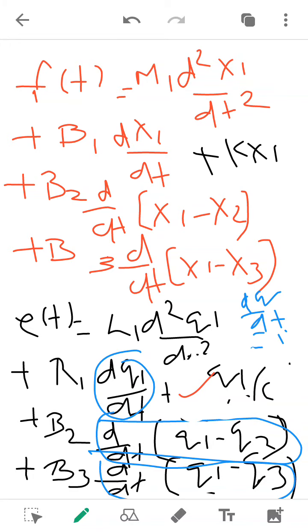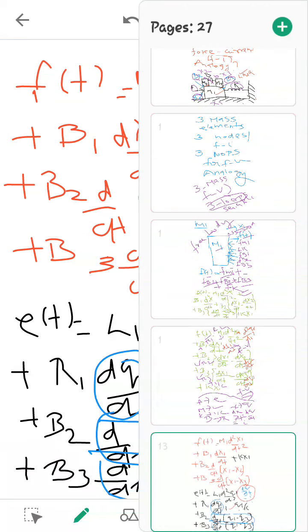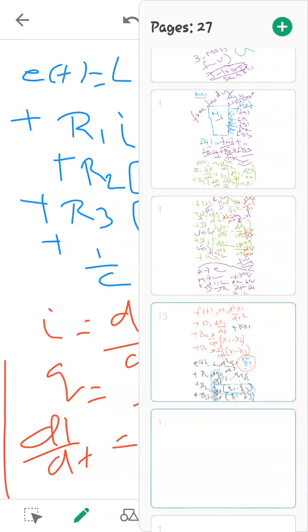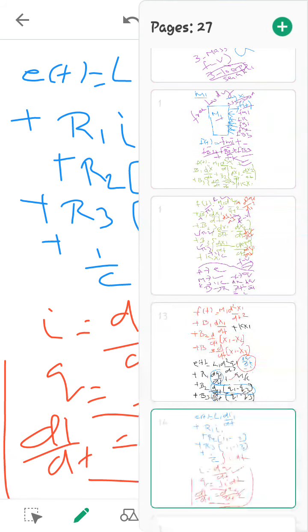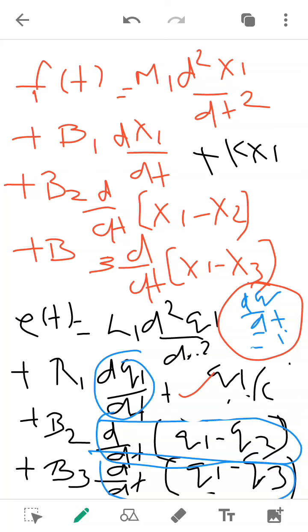Now we know that I is equal to dq by dt, q is equal to integral of I dt, and di by dt is equal to d squared q by dt squared. So we have done that replacement in the original equation.